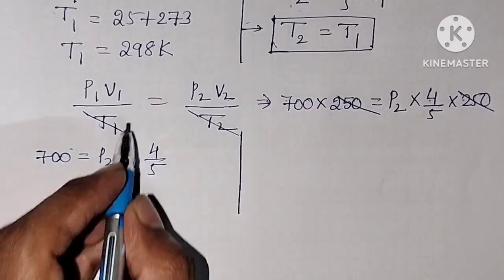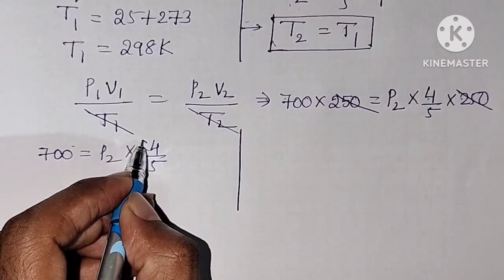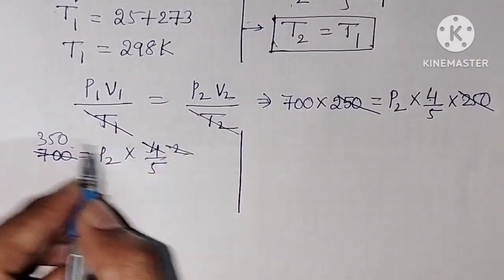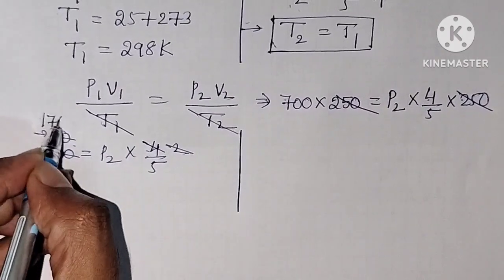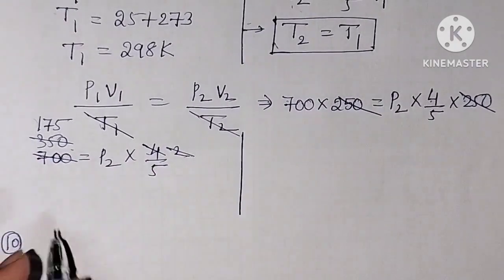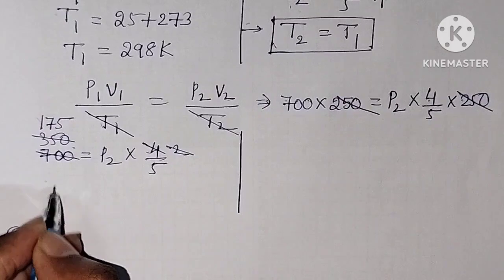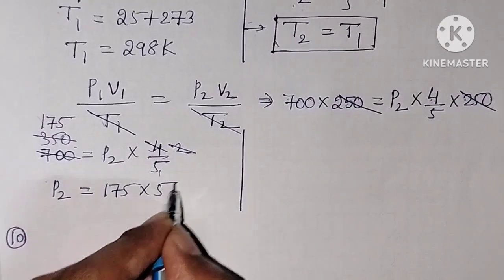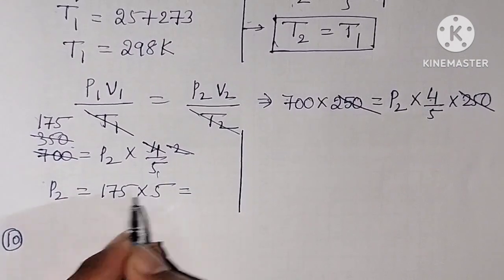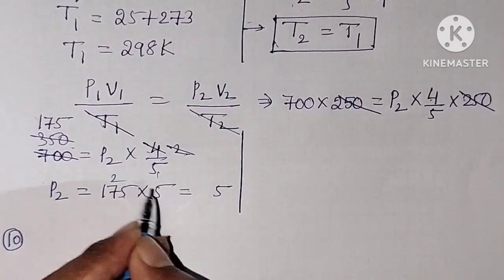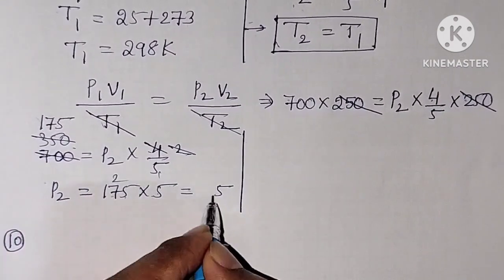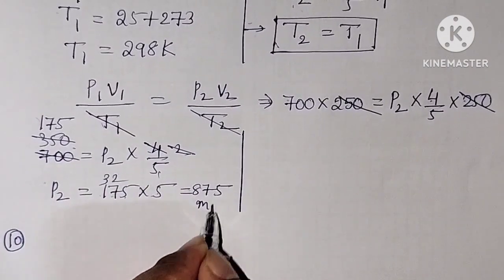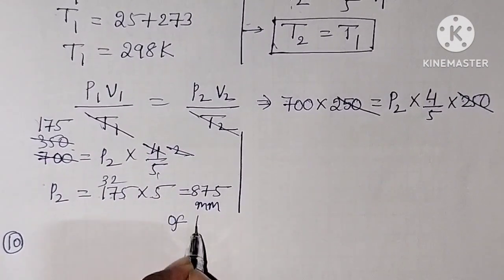Now 2 2s are, 2 350s are, 2 1s are, 2 175s are. Now P2 is equal to 175 into 5. So 5 5s are 25, 2 carry forward, 5 7s are 35, 2 is 37, 3, 5 into 5 is 25, 8, 875 mm of mercury.